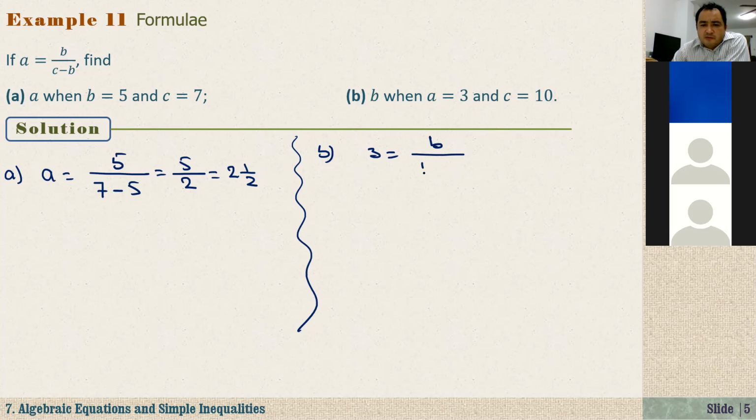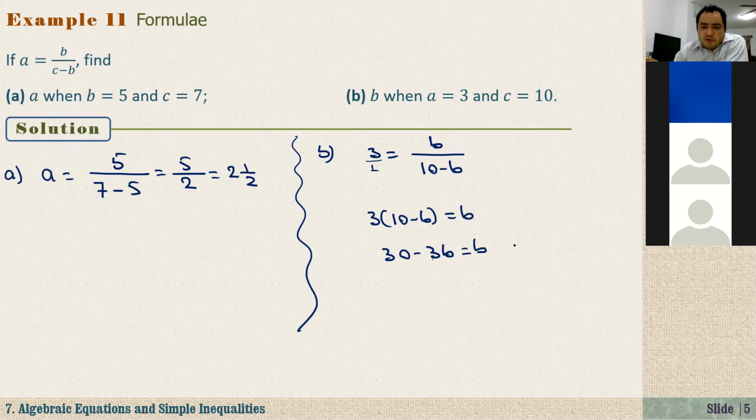C is equal to 10, minus B. So after we substitute, we should just solve this equation to find the value of B. On the left-hand side, we have just 3 over 1. Cross multiply: 1 times B, that's equal to 3 times (10 minus B). Now expand the right-hand side: B equals 30 minus 3B.